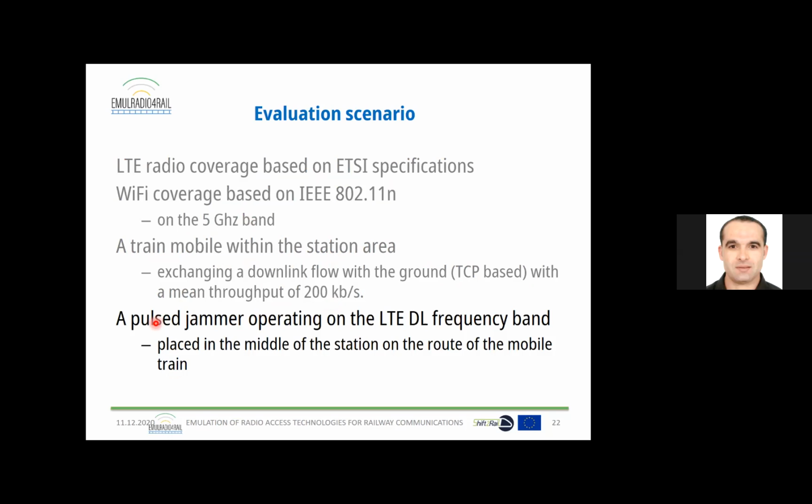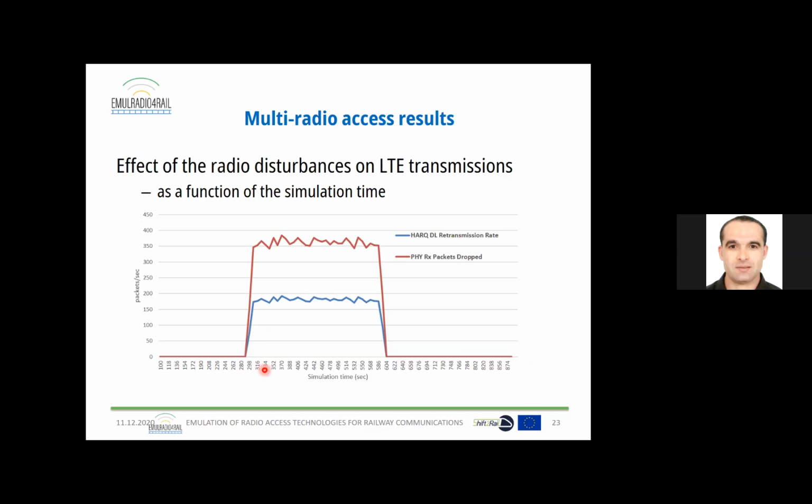And we consider also a pulsed jammer that operates on the downlink frequency band of the LTE, and this jammer is placed in the middle of the station on the route of the mobile train. So here we show the effect of the radio disturbances on the LTE transmission as a function of the simulation time.